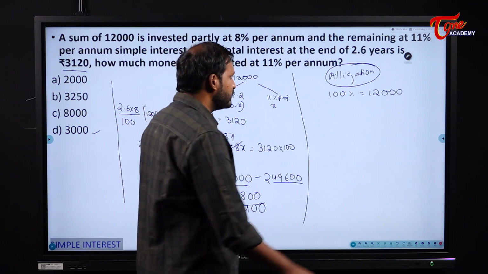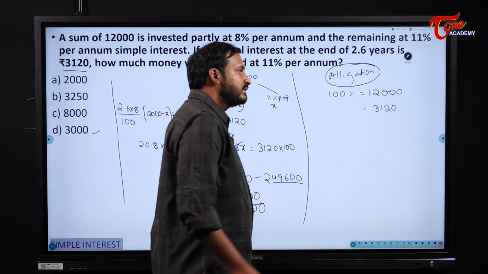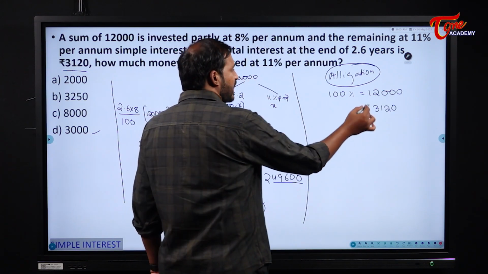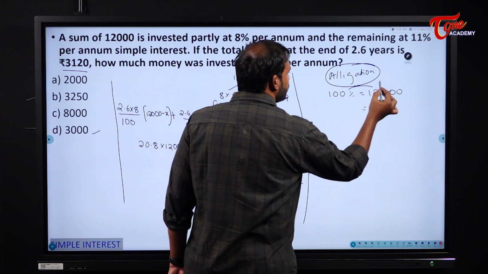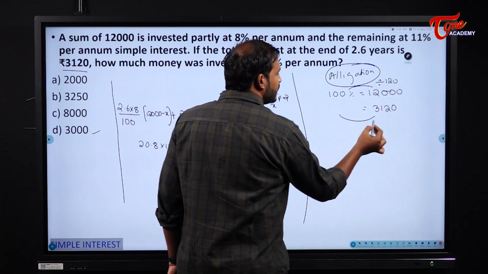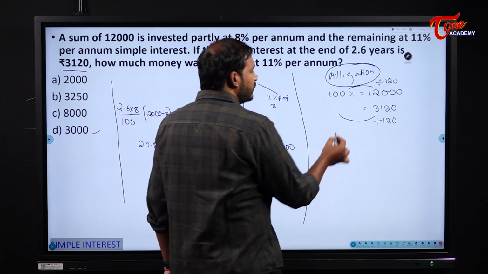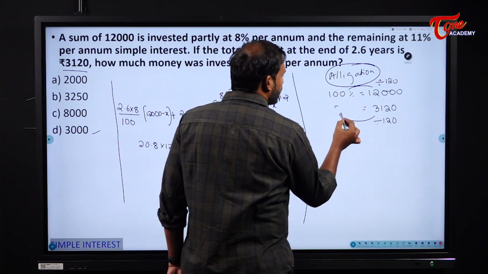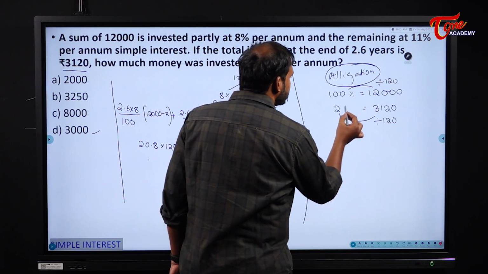Then what will be 3120 in this 100%? From here to here, what I have done? Divided with 120, right? Similarly, here to here, divided with 120. 0, 0 will get cancelled. 12 2s are 24. I will be left with how much? 7, 72 means 6 are.